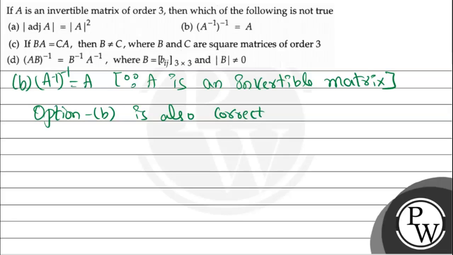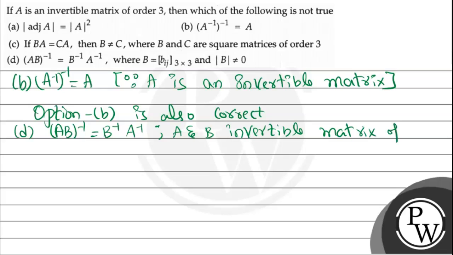Now if I go for option D first, AB whole inverse will be equal to B inverse and A inverse. We can apply this when A and B are both invertible matrices of the same order.